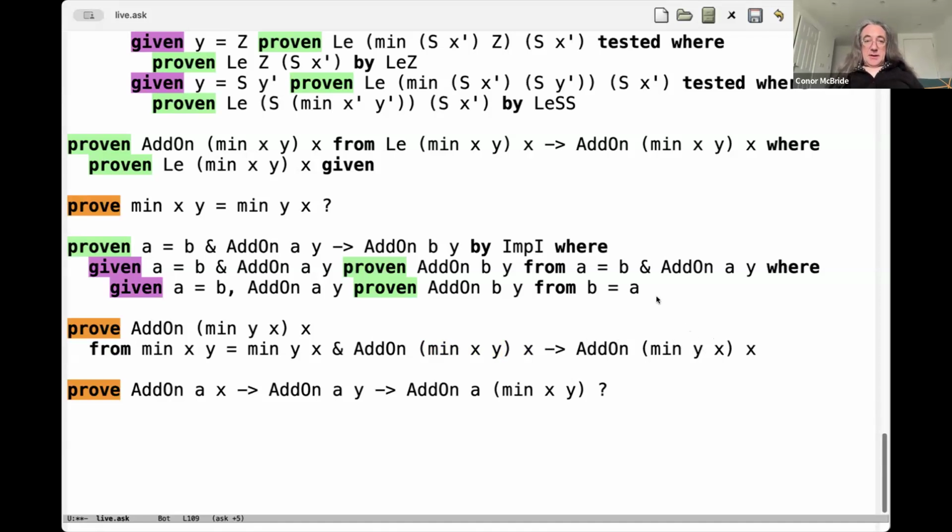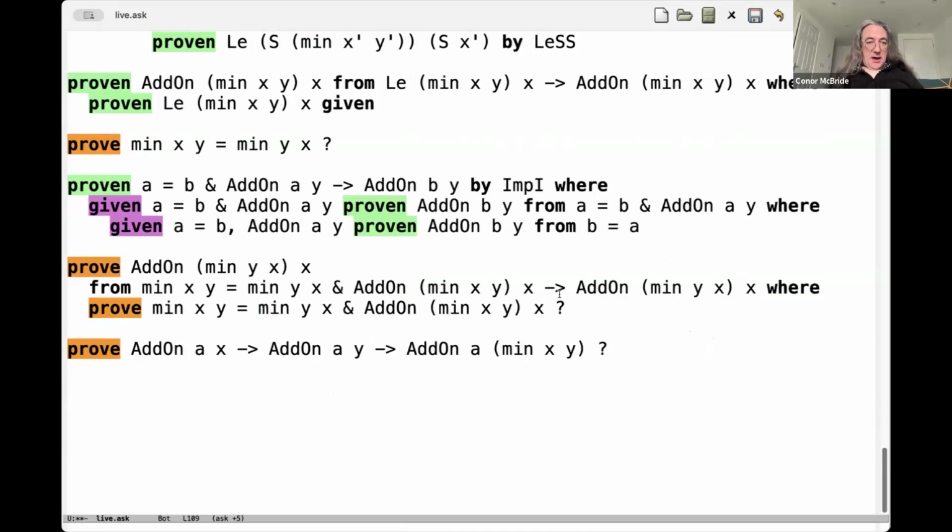Okay. So I'm going to make use of this fact instantiated with the commutativity of min. Okay, and now I have to prove those two.